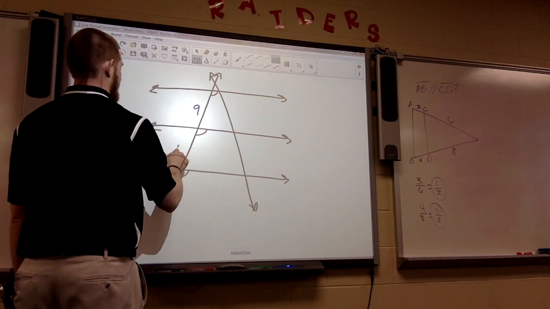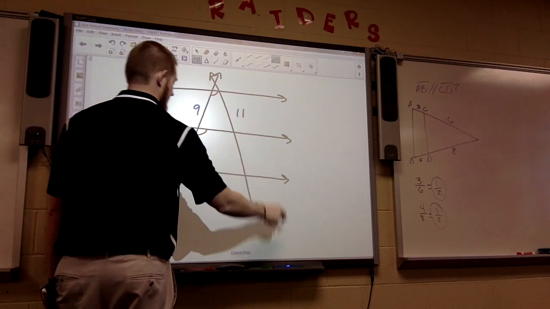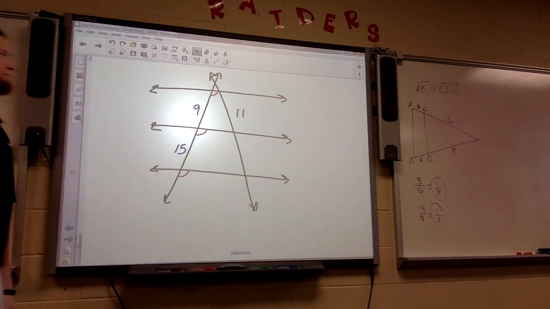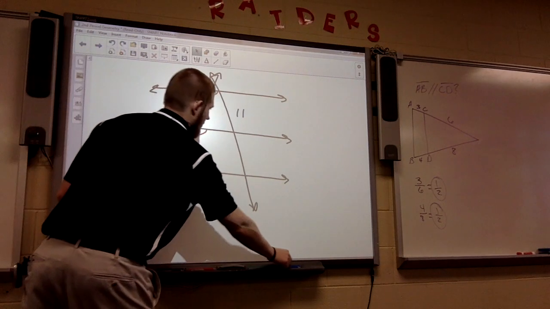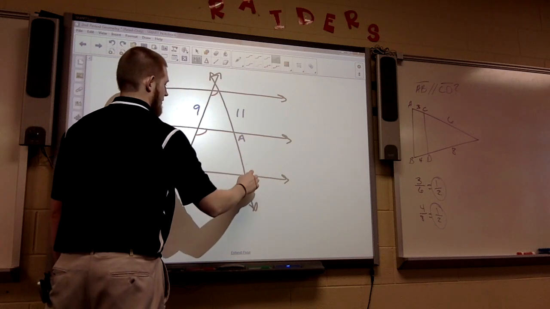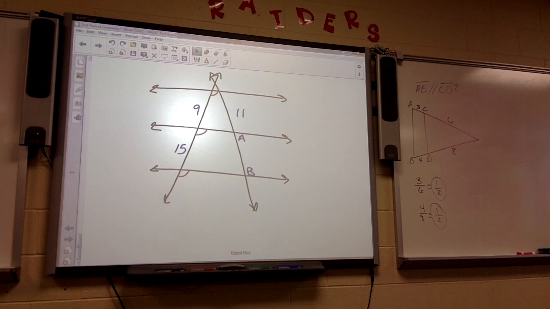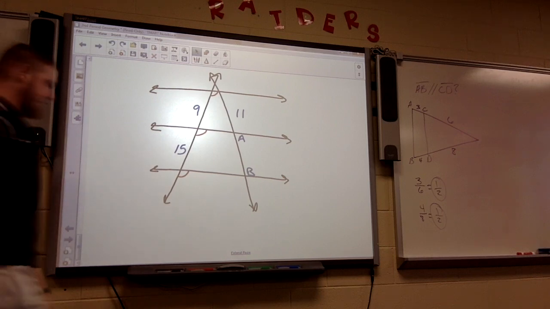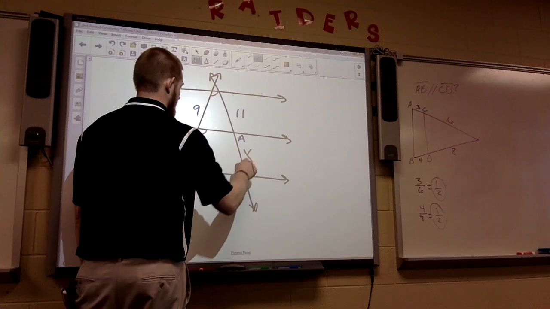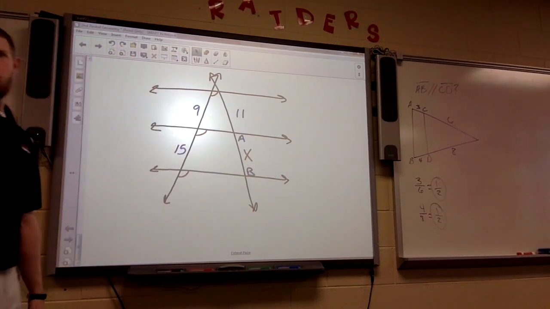I want to know what is the length of AB. First of all, Evan, if I'm trying to find AB, what should I put in for it? X. So let's put an X in. Can you set this proportion up for me?